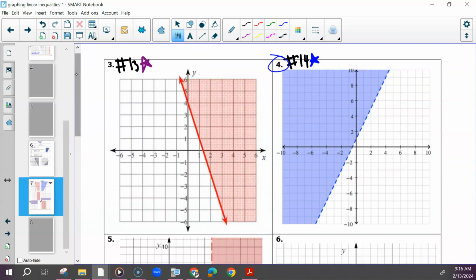Okay. Number 4. What is the y-intercept there? 1. And look for another point that would fall on this dashed line, another ordered pair. It has to fall at the grid lines exactly, so be careful.